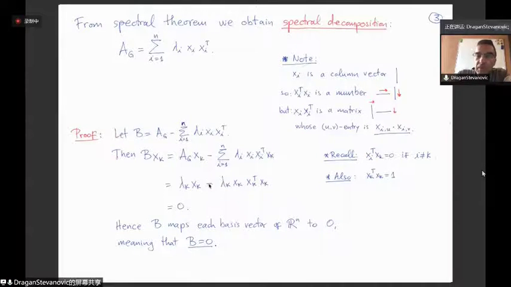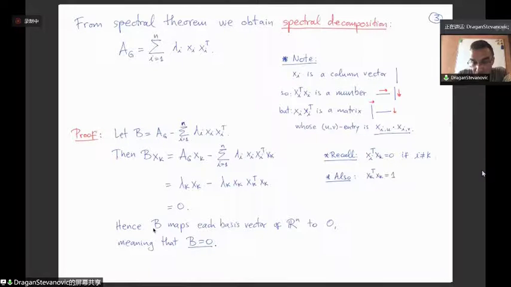So we have minus lambda k, xk transpose xk, and of course it remains to use also the fact that the eigenvector xk has norm 1, so this product is equal to 1, and then it goes down to lambda k xk minus lambda k xk, which is 0.